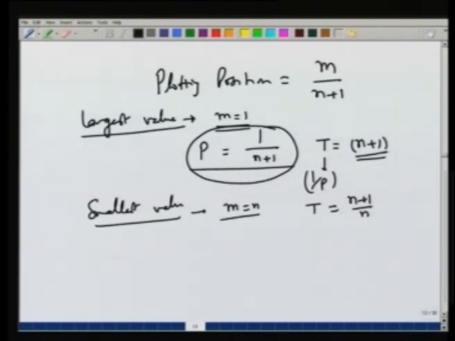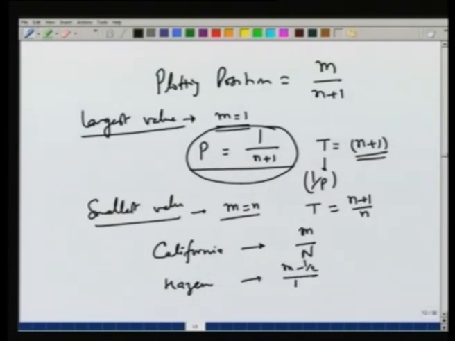There are some other methods also of the plotting position. For example, there is the California method, which uses a plotting position of m over n. There is the Hazen method, which uses a plotting position of m minus half over n. So, different methods have been used.